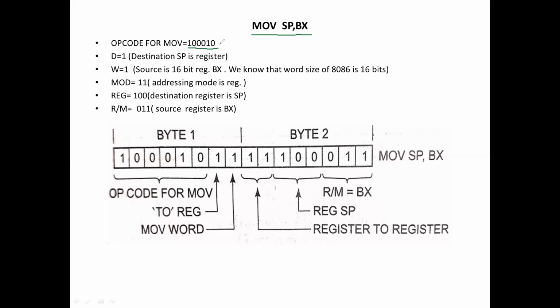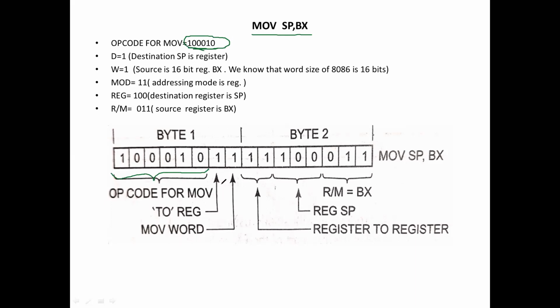If another instruction is given in the question, then the machine code for that instruction must be given. So we are not required to remember all the 6-bit codes for each instruction. Now we are going to start writing the code. The first 6 bits will be directly these 6 bits. Clear?